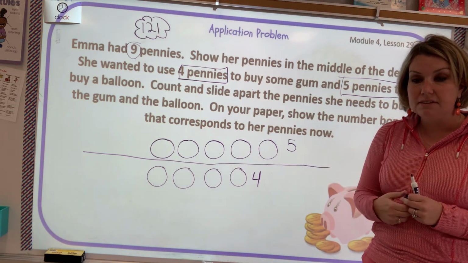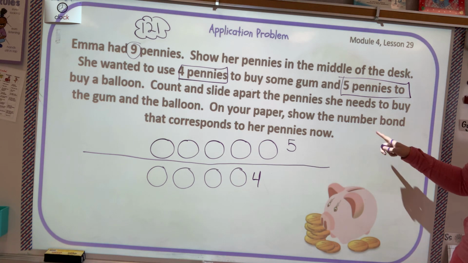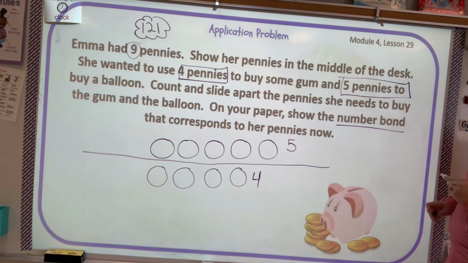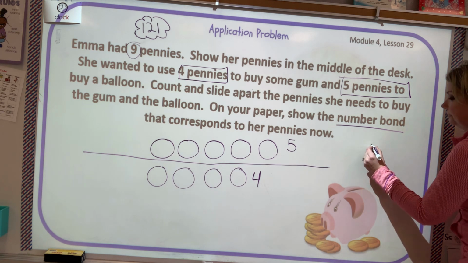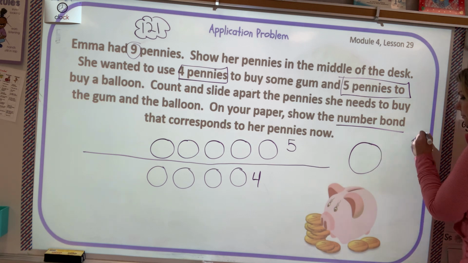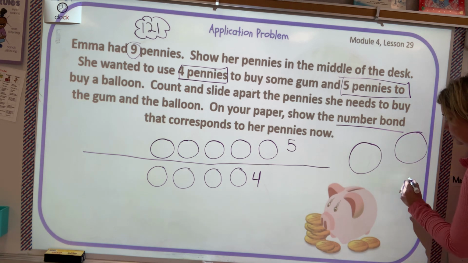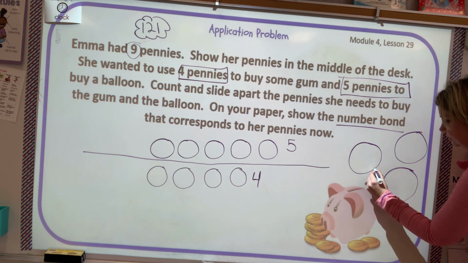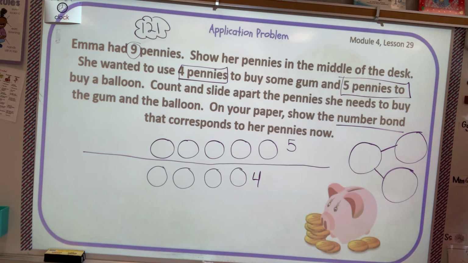She does. Now at the end, it asks to show the number bond. I'm going to draw a number bond, but you draw yours any way you choose. Tell me a number I need to put in my number bond and where it goes.